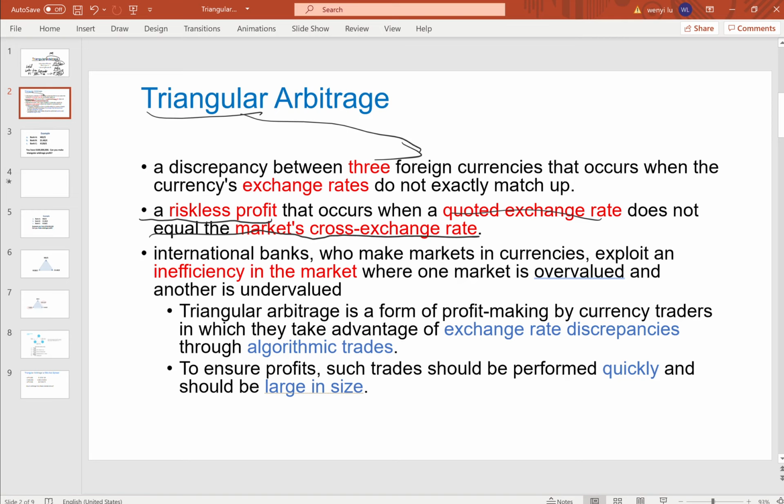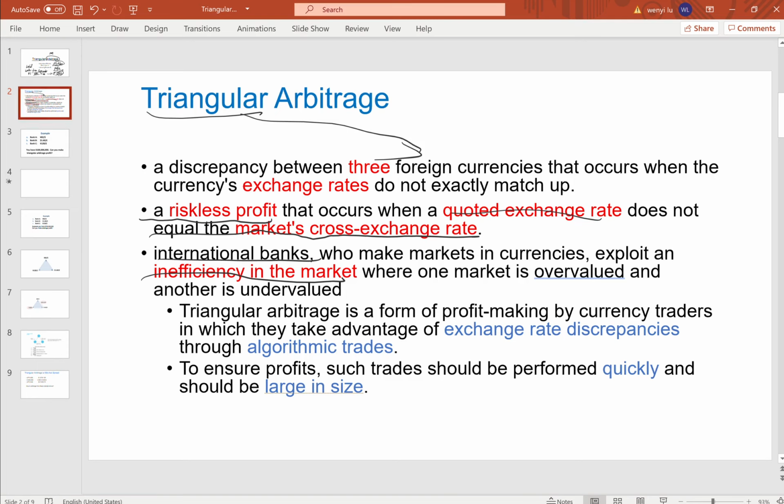And in the wholesale market, international banks will try to exploit such inefficiency in the market and determine when one currency is overvalued but another is undervalued. So we can buy low and sell high simultaneously to make a profit.